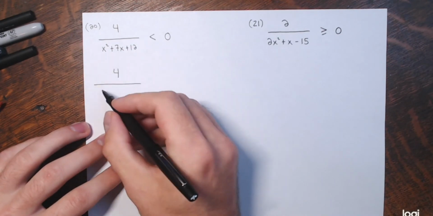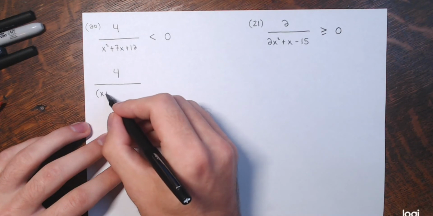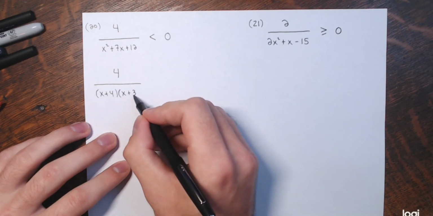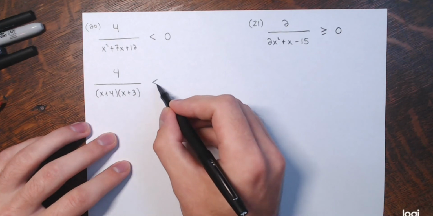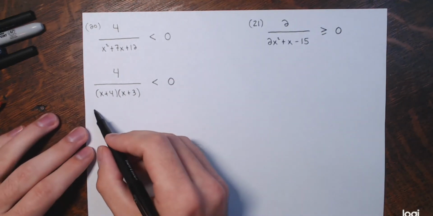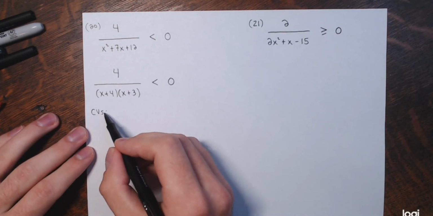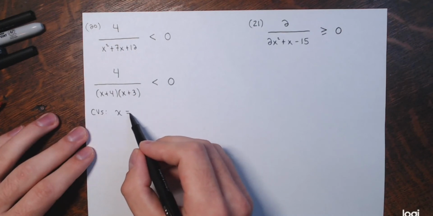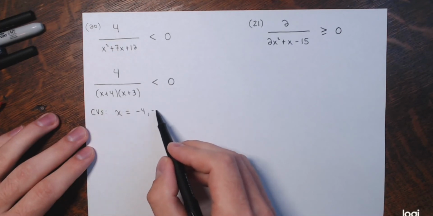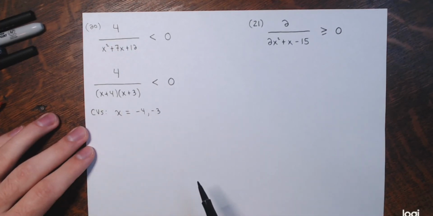Denominator factors to x plus 4 times x plus 3. And this is less than 0. The critical values, the CVs, nothing makes the numerator 0, but -4 and -3 make the denominator 0.